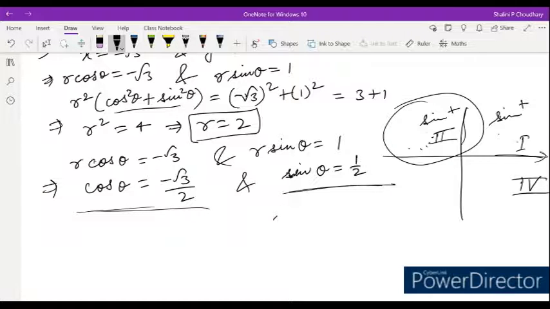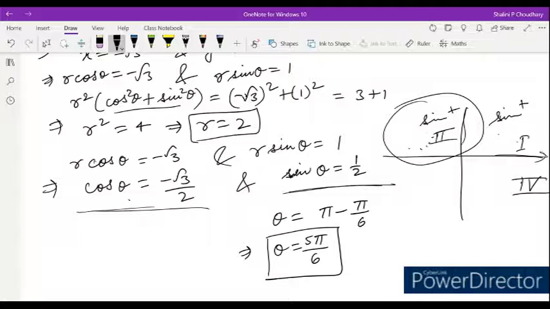So sin theta is equal to 1/2 can be sin pi/6. But we can't write it this way because it is not in the first quadrant, it is in the second quadrant because cos theta is negative. So theta will be equal to pi minus pi/6, so theta will be equal to 5 pi/6.